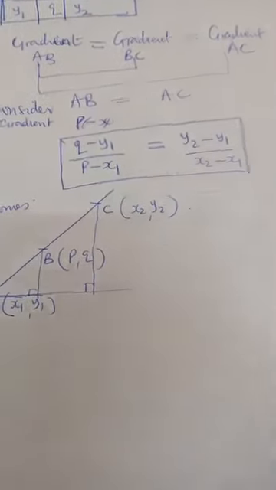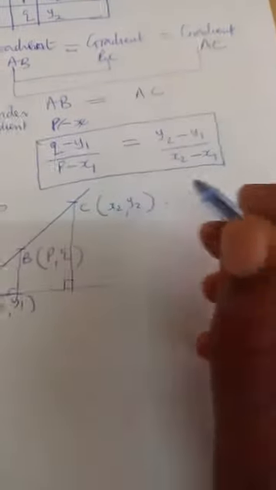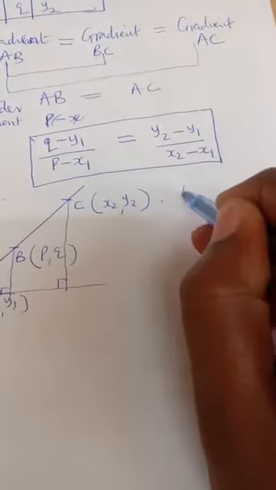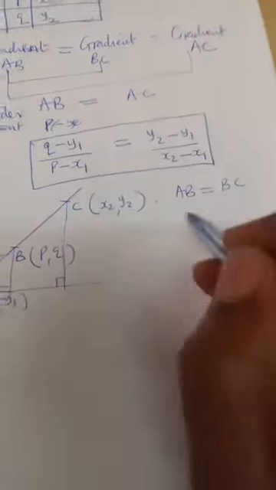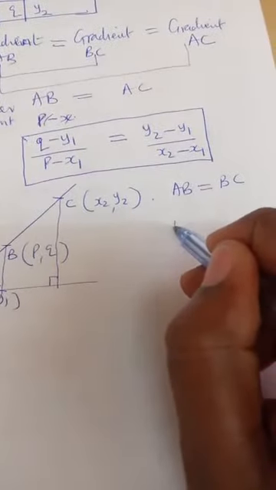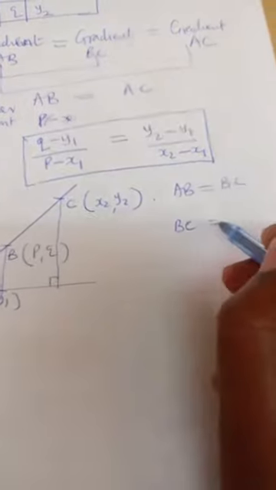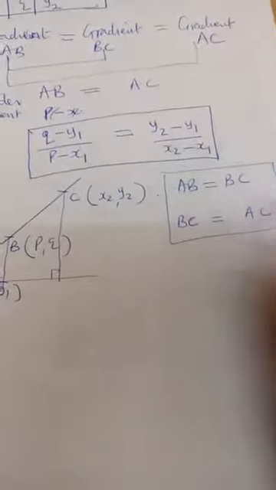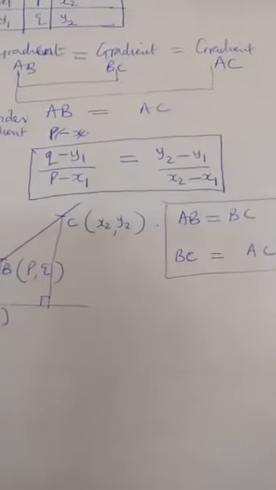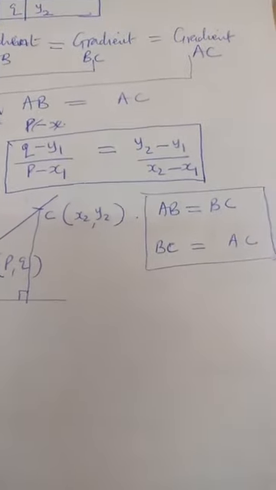We can use other comparisons that I've said. One can use AB being equal to BC. Another one can use BC being equal to AC. These comparisons can also work.